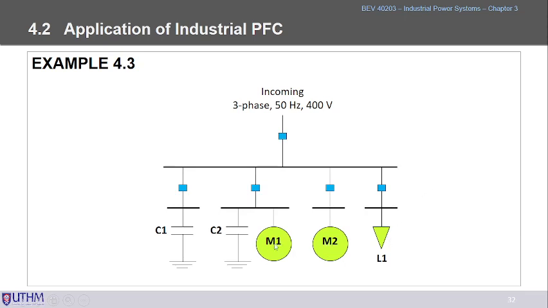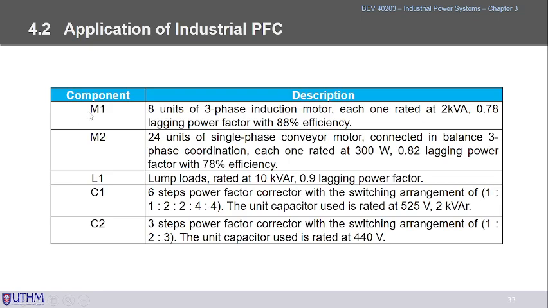M1 is motor number 1, then motor number 2, and you have lump load 1 and lump load, which is defined here. M1 has 8 units of 3-phase induction motor, each 2 kVA, rated at 0.78 power factor lagging with efficiency 88%.